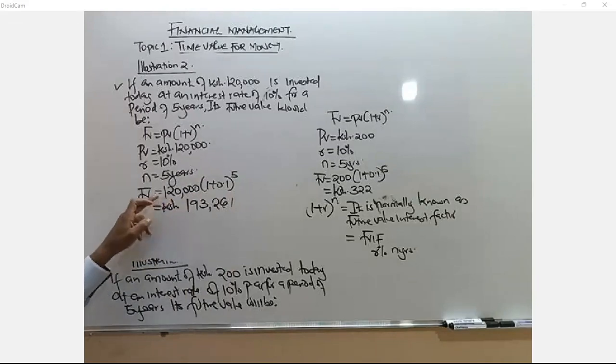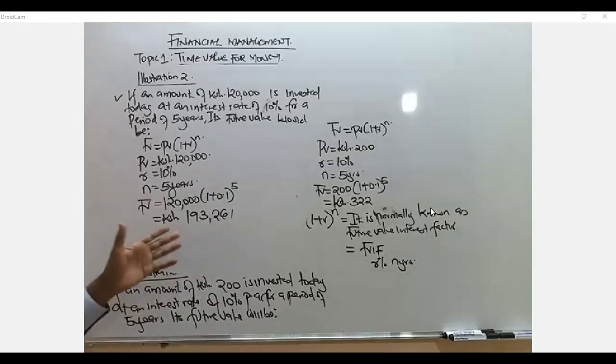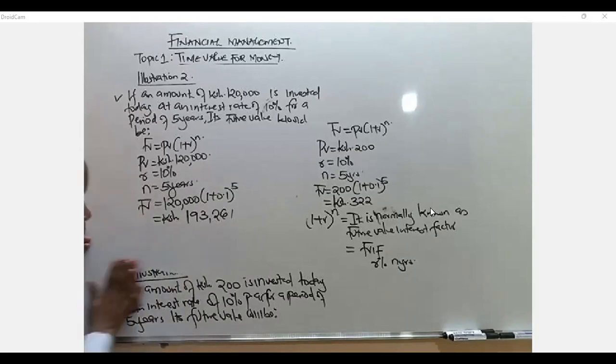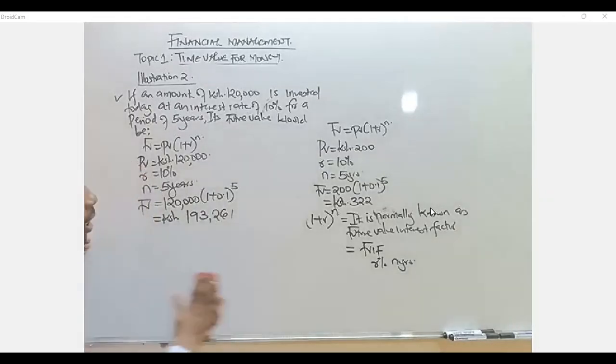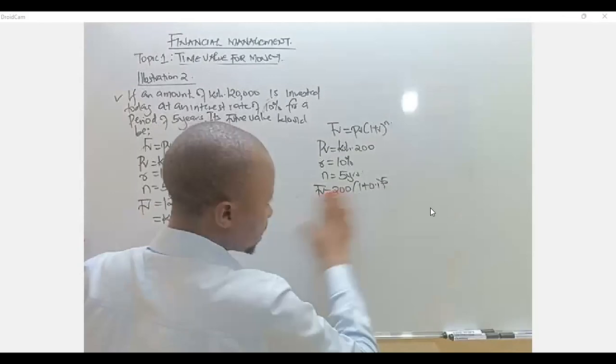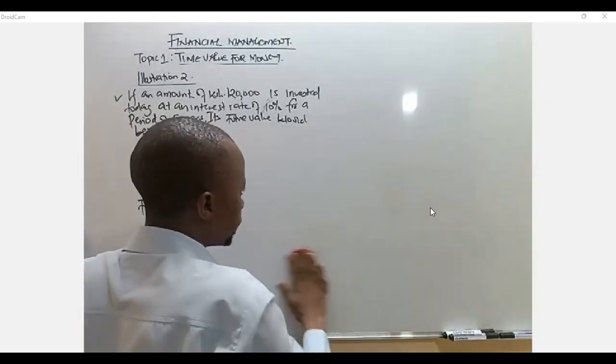I invested 120,000, and after 5 years I will be able to get 193,000. That is what the SAC course normally discusses about the power of money. Money can work for you. That is the concept the SAC course normally uses to convince clients, people like you and me.